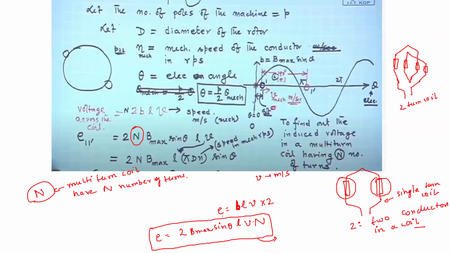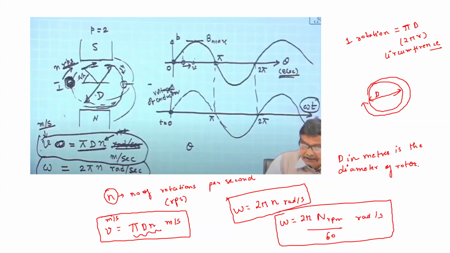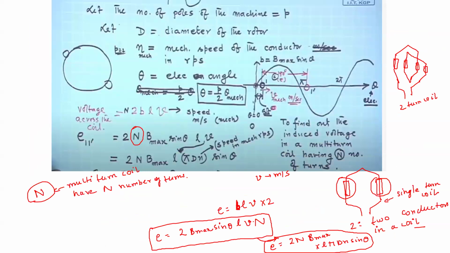So you can replace this small v with RPS, as sir has done, giving 2 B max L pi D n sin theta, where n is the speed in RPS, so we can replace v with pi D n. So this is the expression of EMF.